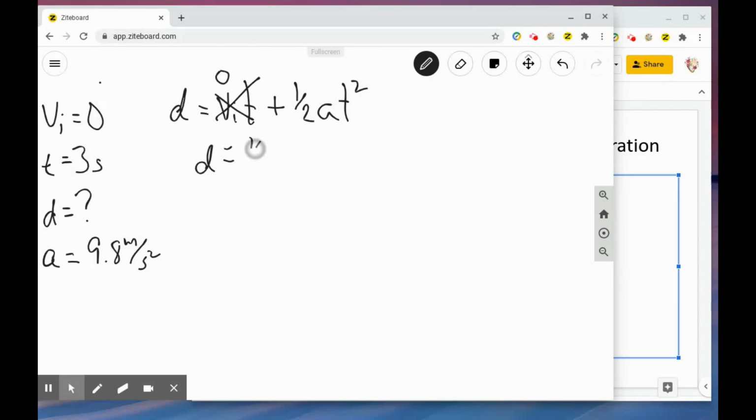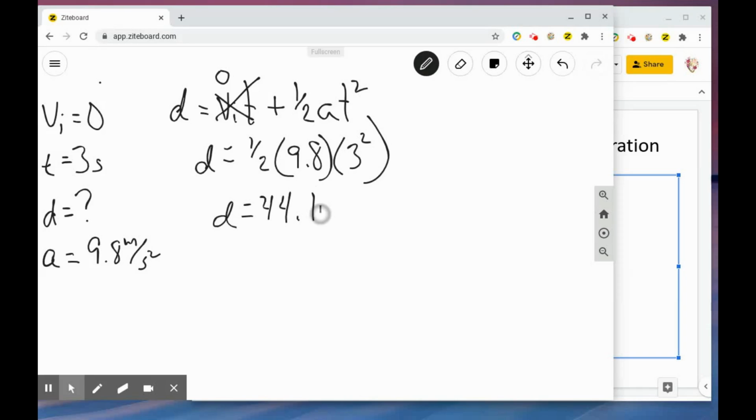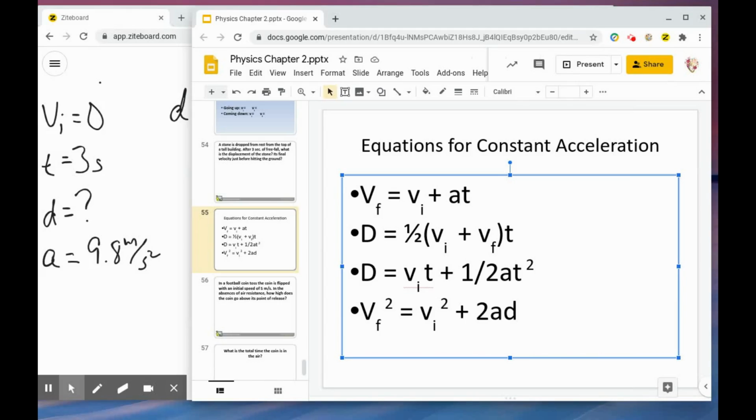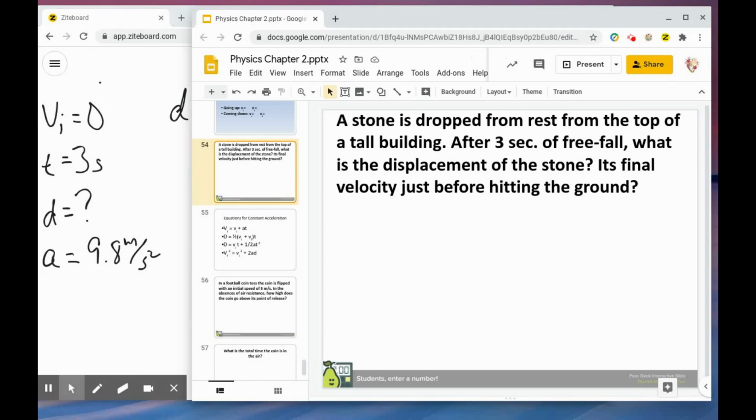So I'm going to do 1/2, A is 9.8, and then T we said is 3. So if we solve that for D, we get 44.1 meters.